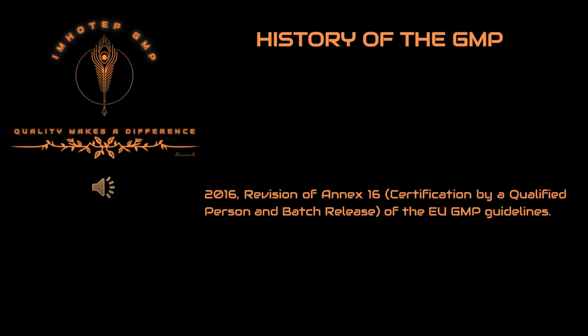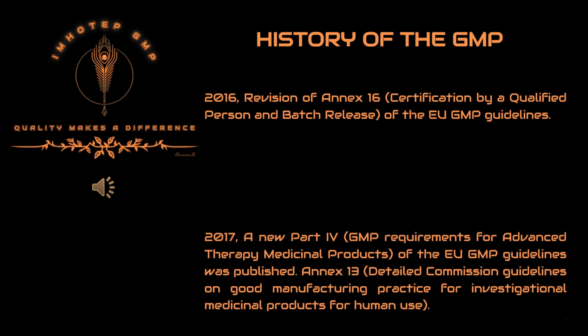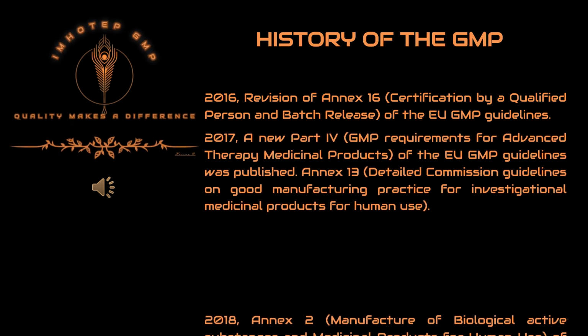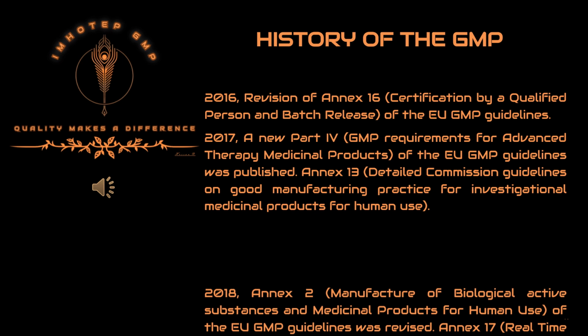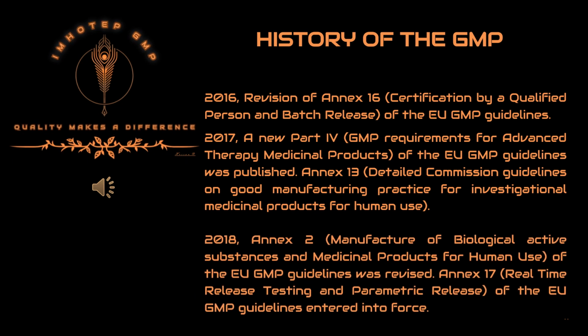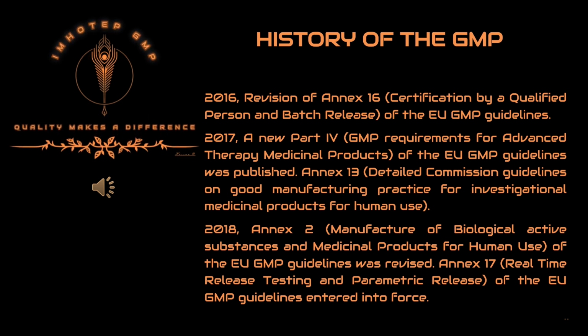2016, Revision of Annex 16, Certification by a Qualified Person and Batch Release, of the European Union GMP Guidelines. 2017, a new Part 4, GMP Requirements for Advanced Therapy Medicinal Products, of the European Union GMP Guidelines was published.